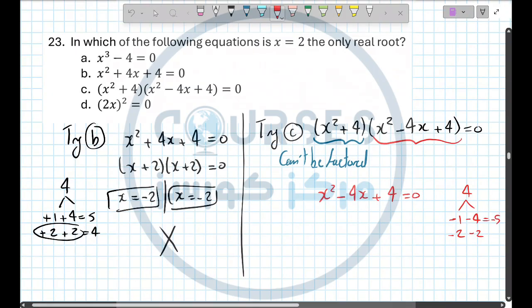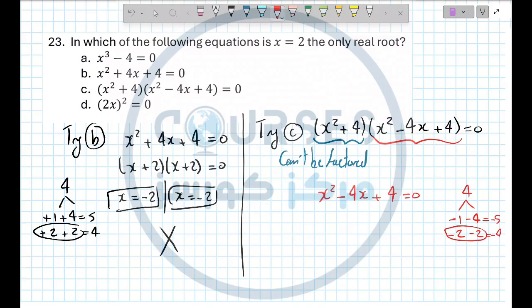Clearly this is negative 4, this is negative 4, of course this is the answer. So that's x minus 2 times x minus 2 equal to 0. Switch the sign, so x equal to 2, the other one also is x equal to 2. So yes, the answer is C.